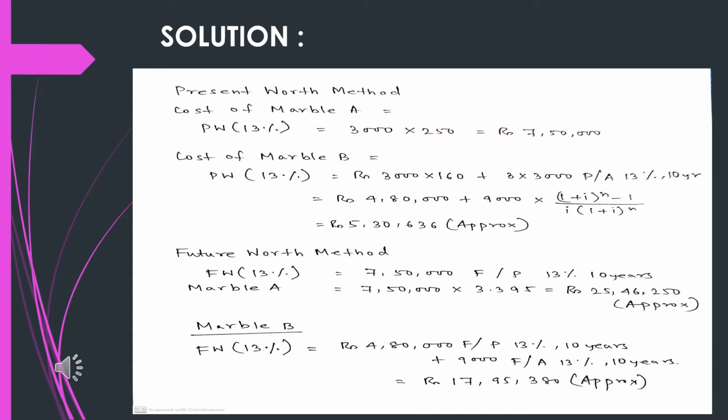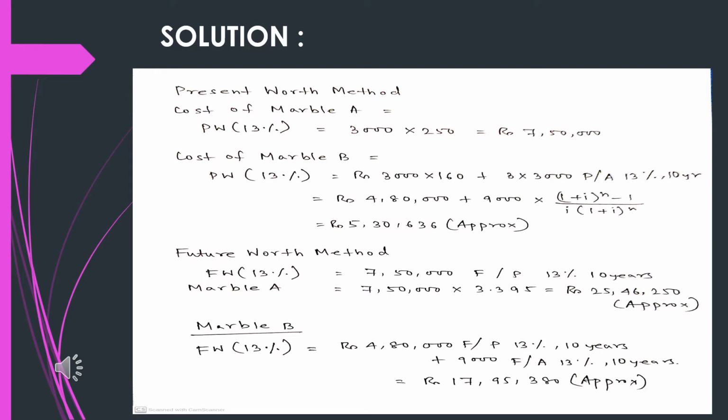We need to transfer that value into present worth. While transferring and adding that value, we use the formula of given annual to get present, which is (1 plus i) whole to the power n minus 1, divided by i into (1 plus i) whole to the power n. Here again, as in the previous PPT lecture, I have always warned students to take that 13% interest rate to be 0.13.